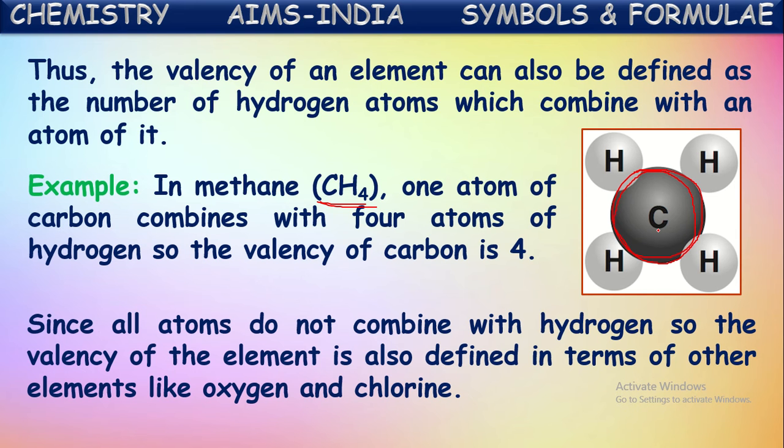All the elements are not expected to react with hydrogen. That's why for some other elements, valency is expressed or compared in terms of oxygen, and for some other elements, the valency is defined in terms of chlorine. Now let us see how the valency is defined in terms of oxygen.